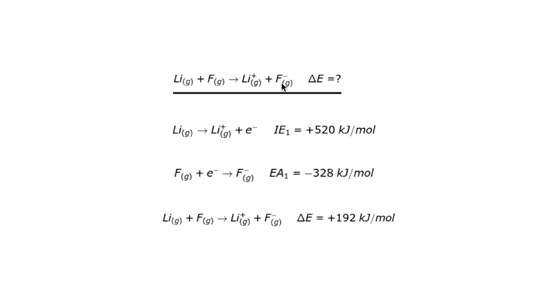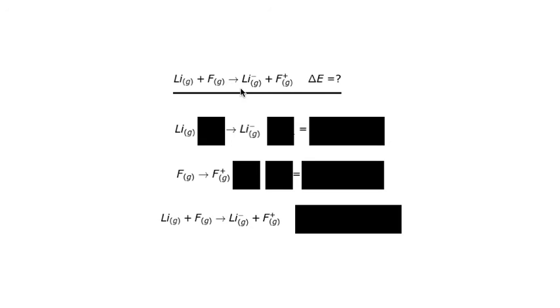The most naturally occurring ions are Li plus and F minus. But what if we had a situation where we formed Li minus or an F plus? This is not impossible. Anything is possible, and we can calculate the change in energy for this process.